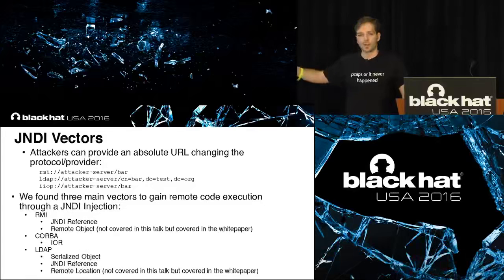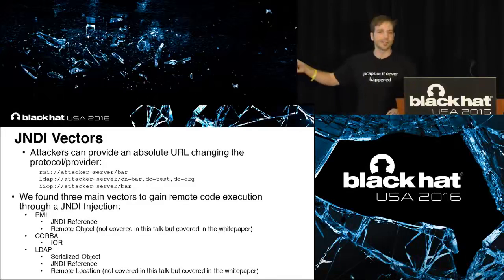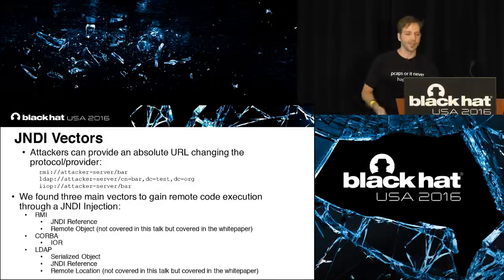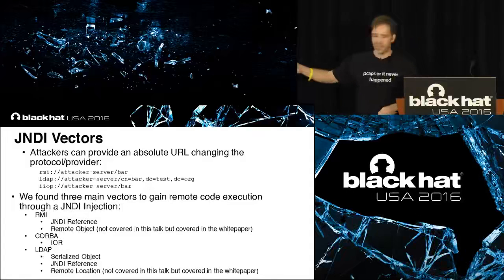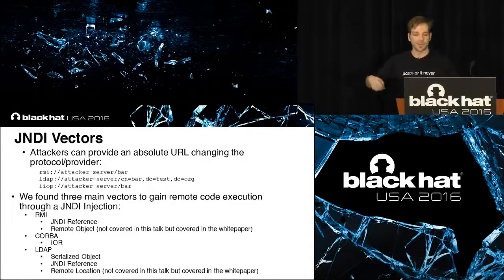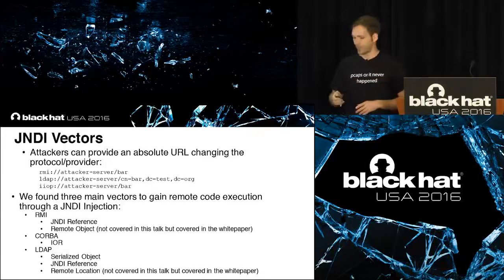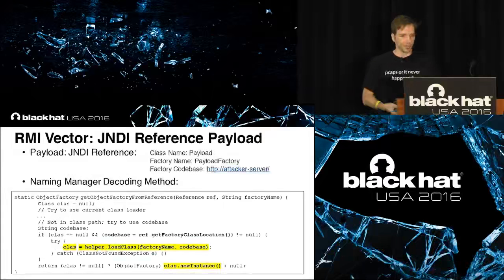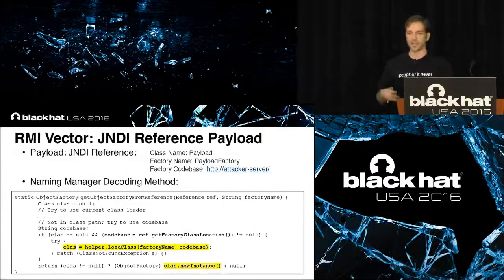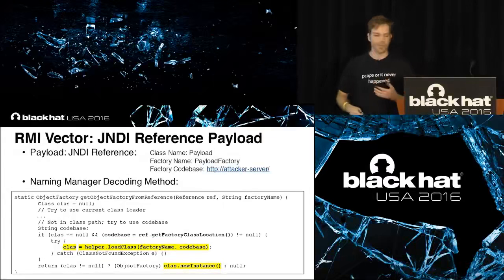Also using CORBA, through the interoperable object reference parsing, and also using LDAP through serialized objects, JNDI references, or remote locations that, again, we don't have time to cover today, but are explained in the white paper. So let's see how we can gain remote code execution using the RMI vector.